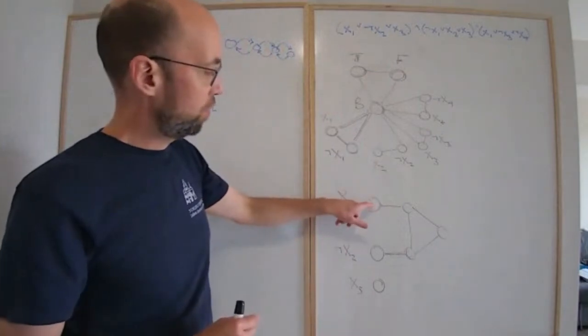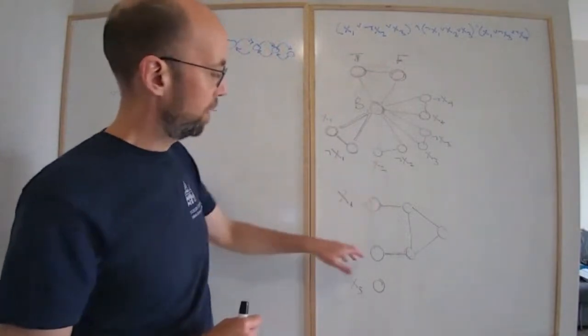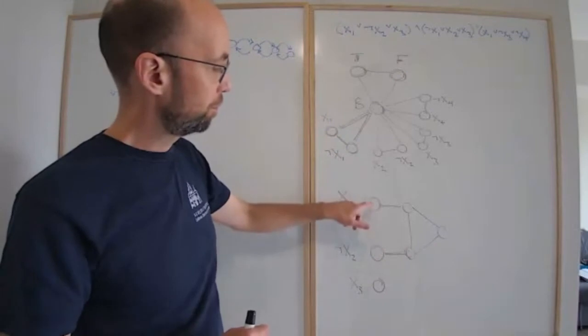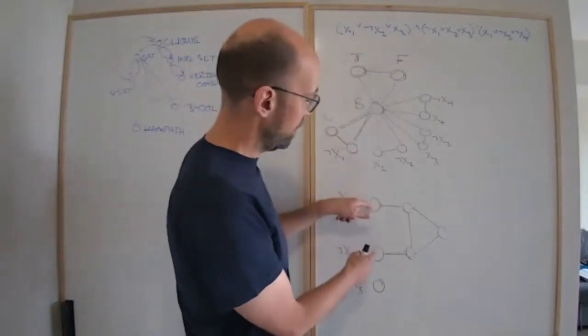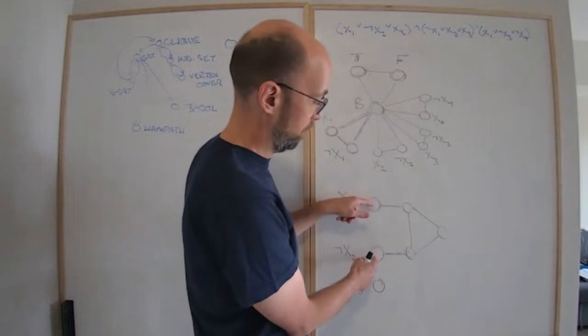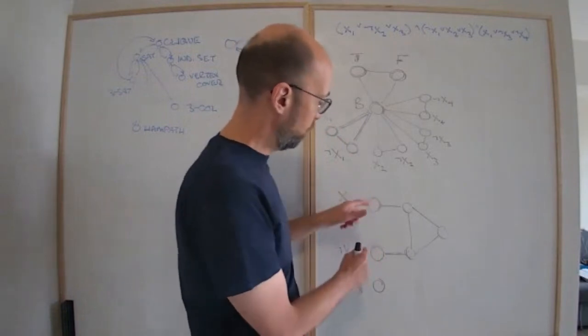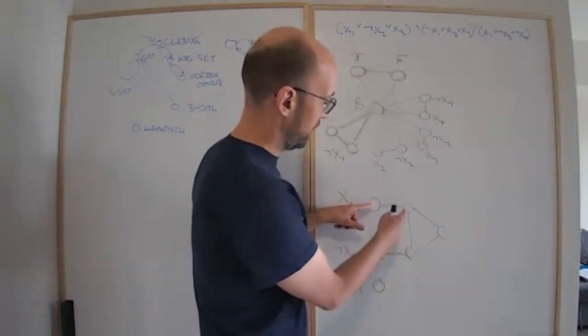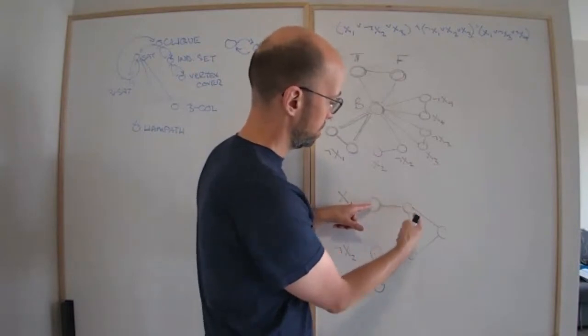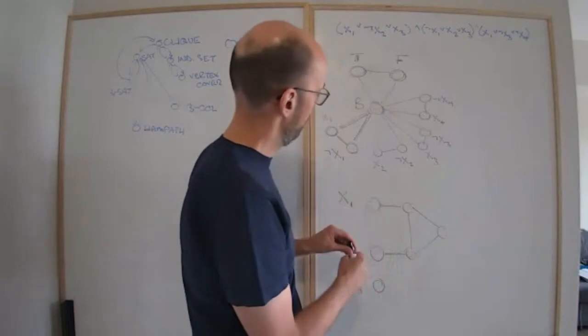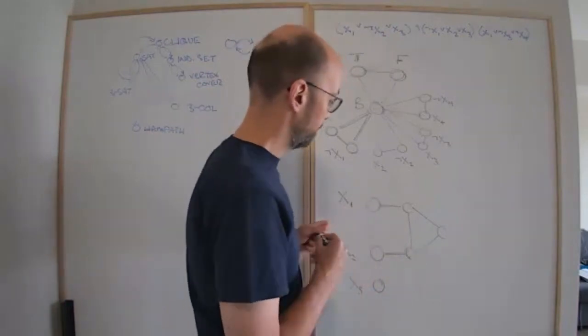So if this is true, or this is true, remember, each of these either has to be true or false. So if one of them is true, then I can color this base, and, sorry, it's not an and, it's an or.